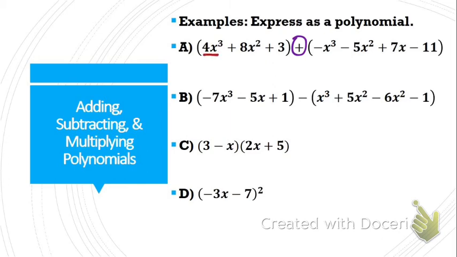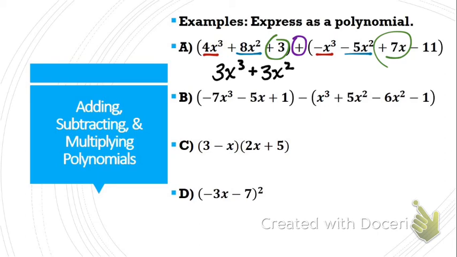I've got 4x cubed minus x cubed, 3x cubed. I have 8x squared plus negative 5x squared, 3x squared. I come over here and I have a 3, but over here I have a 7x.